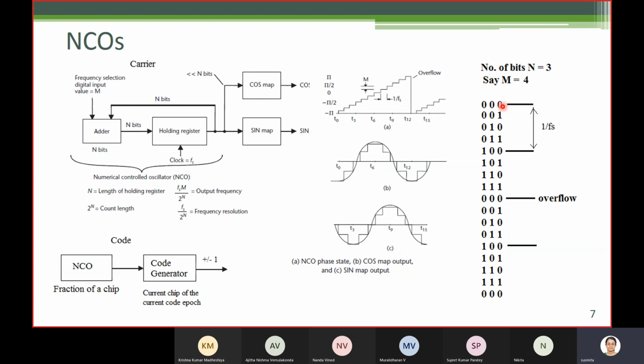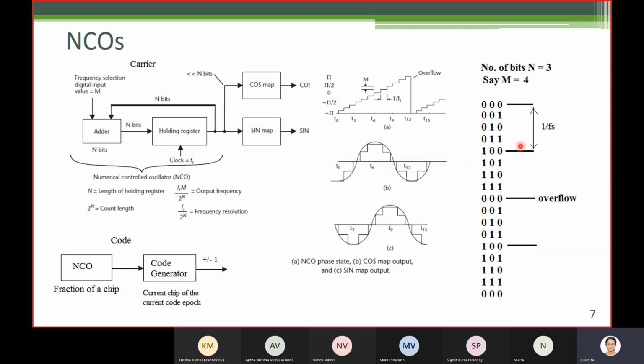Now let's say it starts with this value. Then M is equal to 4, so at the next rising edge of the clock, it has to be incremented by 4. This is 1 increment, second increment, third increment, fourth increment. It will complete.